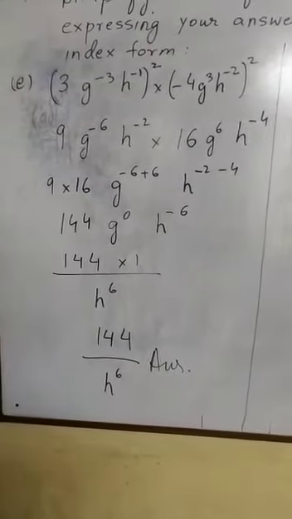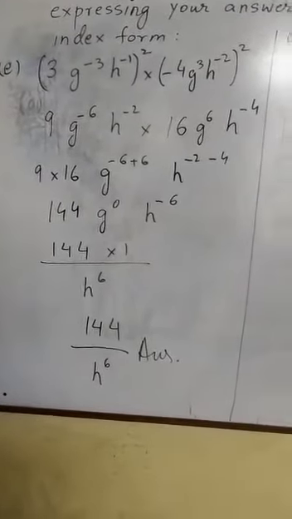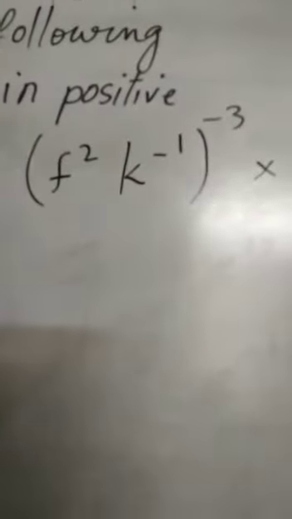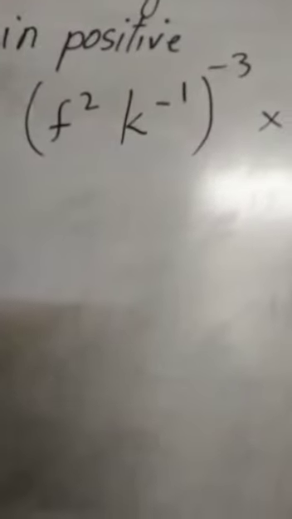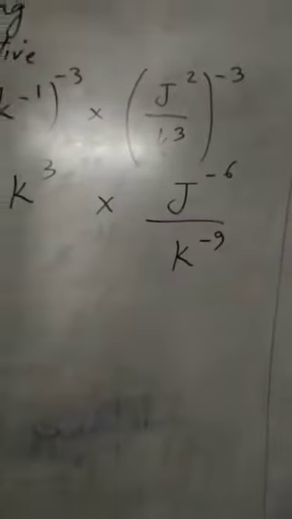I hope you have understood this question. Now move to the next one. See, the same situation is over here. We have to open the bracket first. So this will give you F^-6 and K^3. And when we open this, we will write J^6 upon K^-9.